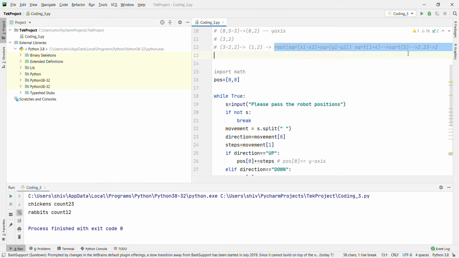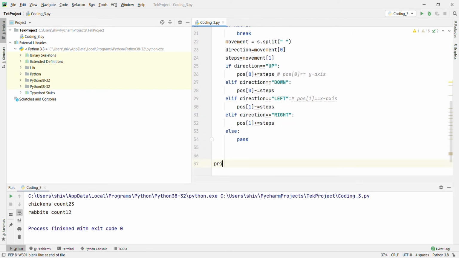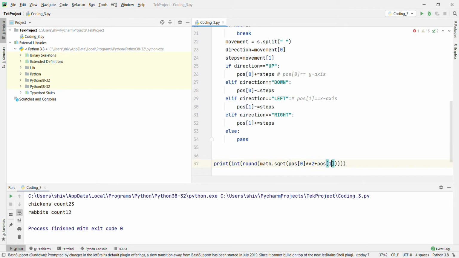Now what we are going to do is take the square root of the difference. For that we have to use print, integer of round of math dot sqrt of position 0 square plus position 1 square.